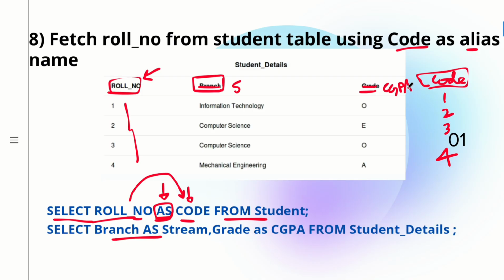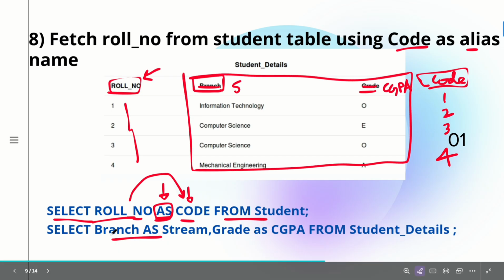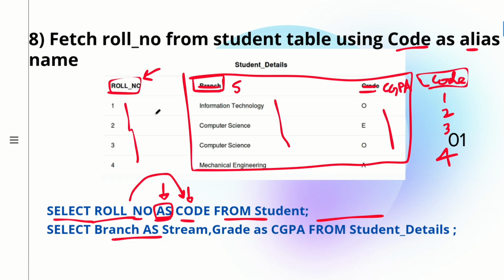Whatever second query you have written, this will be your result. You have asked for stream and CGPA from student details. This is your data table, and you will get the details like stream and CGPA and all these values. So this is how you can give aliases to your columns.